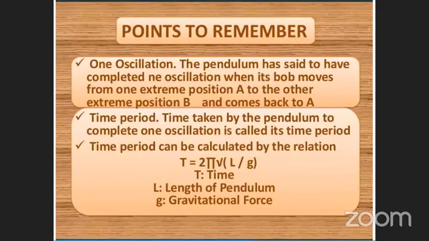Now consider that our metallic ball is in the central position, the middle position, and it is not moving. So now we push from left to right. It will go to the B position and then again to the C position. It will not stop in its central position.